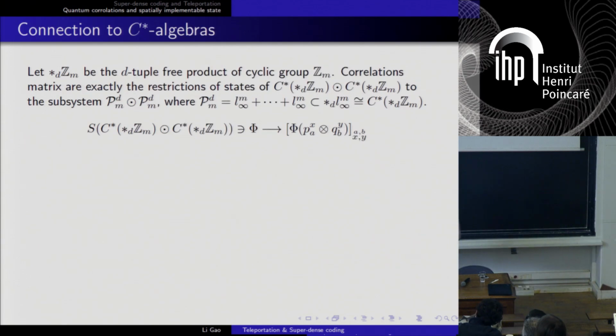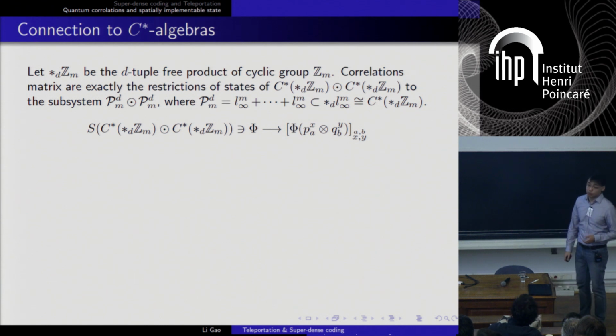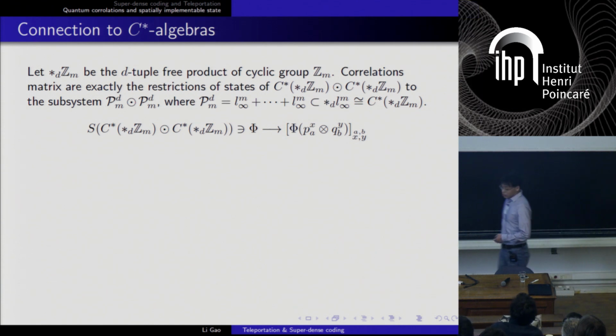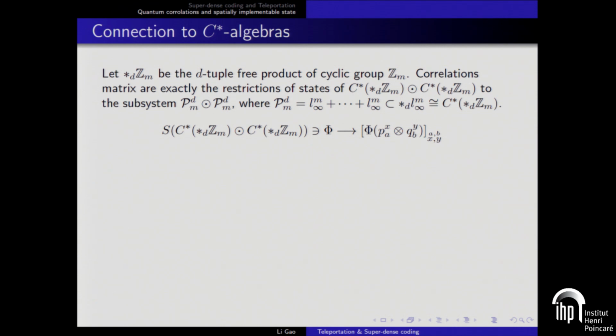I want to mention a little more about how this connection is made to C-star algebras. If we denote by the d-fold free product of Z_m the group, then the quantum correlation matrices are exactly the restrictions of the states of the tensor product of the group C-star algebra with itself, restricted to the subsystem generated by the spectral projections, the minimal projections in this C-star algebra.